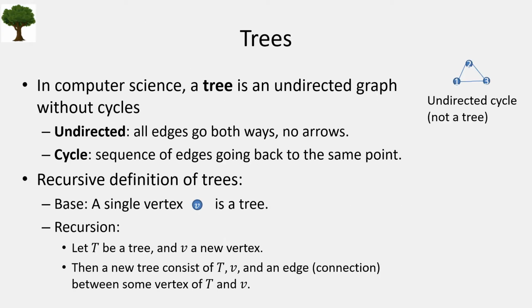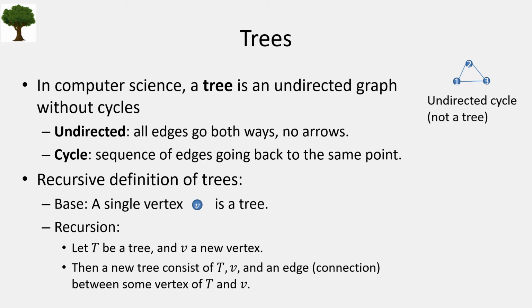Okay, so now let's look at something a bit more complicated, but something that you're going to see a lot in your data structures and algorithms classes. Just a reminder that we had the recursive definition of a tree, or at least the computer science notion of a tree, as an undirected graph without cycles. So you have vertices, you have edges connecting those vertices, and in this case we assume that every line goes both ways, so we don't put arrows at the ends.